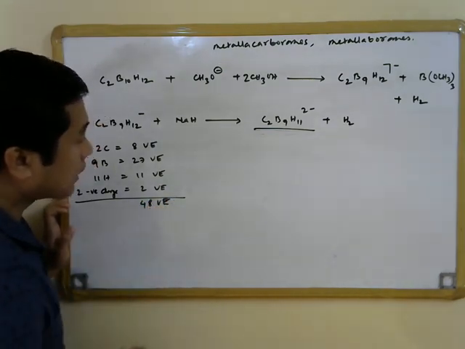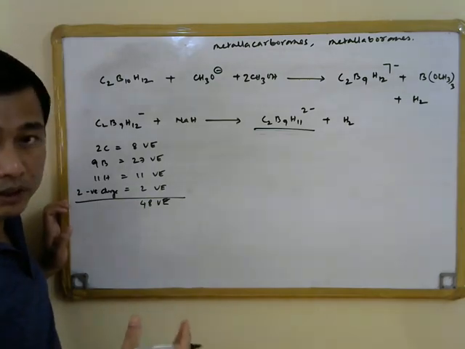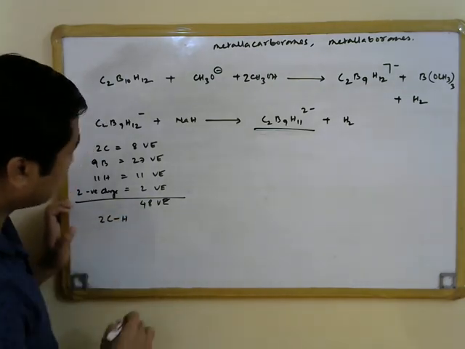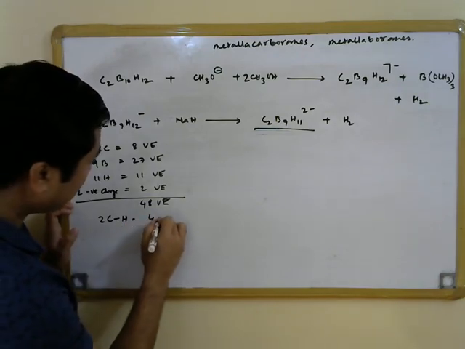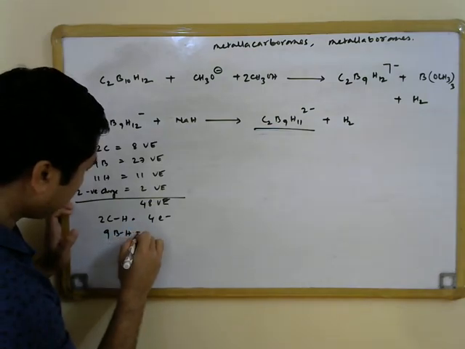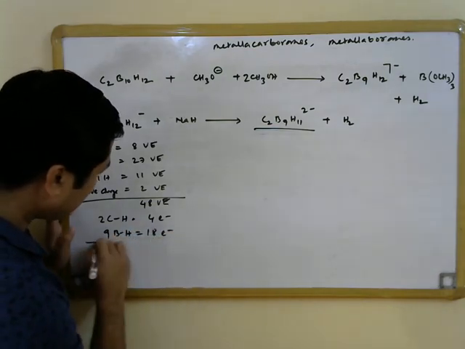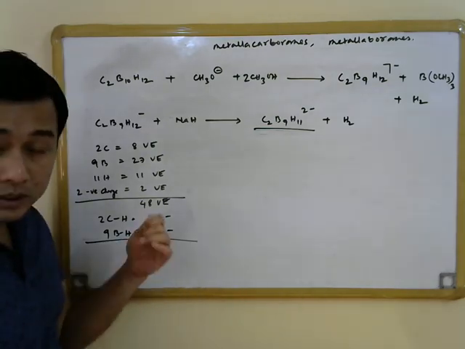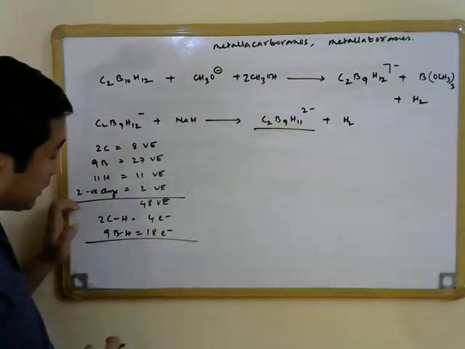So let us now deduct the electrons used for terminal 2-center 2-electron bonding. So we have to take 2 CH bonds, so it is 4 electrons, and then 9 BH bonds, so that is 18 electrons. So total 22 electrons are used for 2-center 2-electron terminal bonds, CH as well as BH.